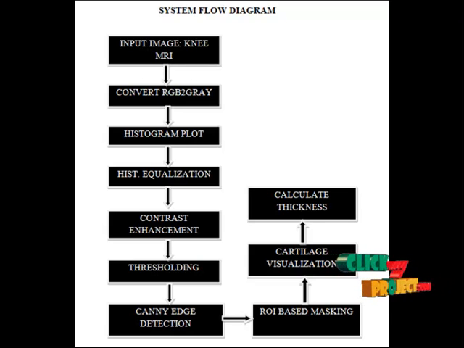Histogram equalization accomplishes this by effectively spreading out the most frequent intensity values. Further, a contrast stretching operation is performed to have a better view of the anatomical boundaries. Then gray level thresholding is performed on the image to obtain a binary image. In this section, we convert the grayscale image into a binary image.